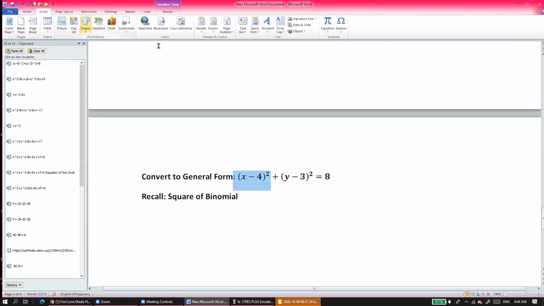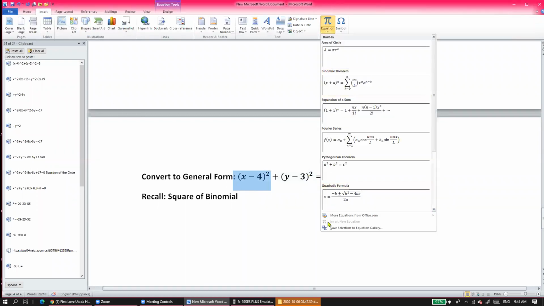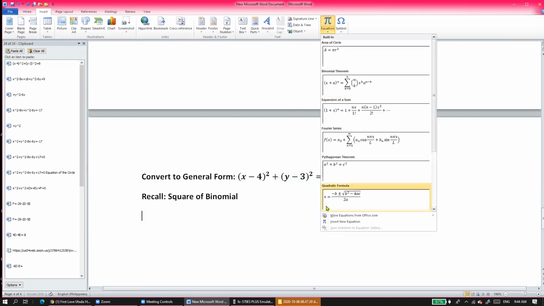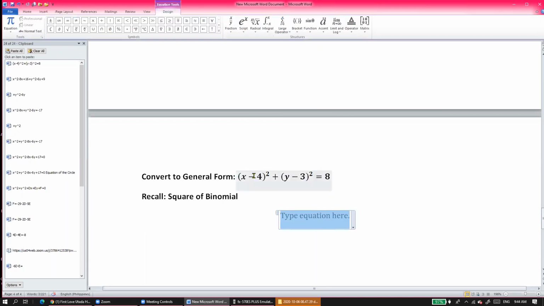Here is how my expansion will go. I expand it. X square, square the first term. Twice the product of the first and the last term. X times negative 4 is negative 4x. Then twice, negative 8x. Square the last term is positive 16.